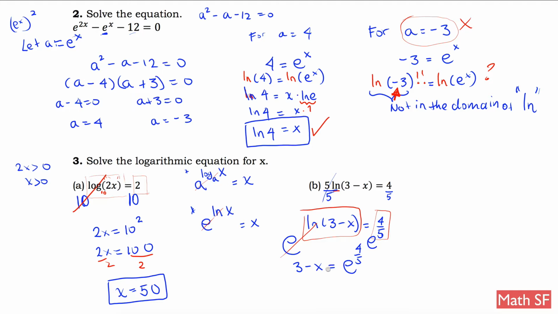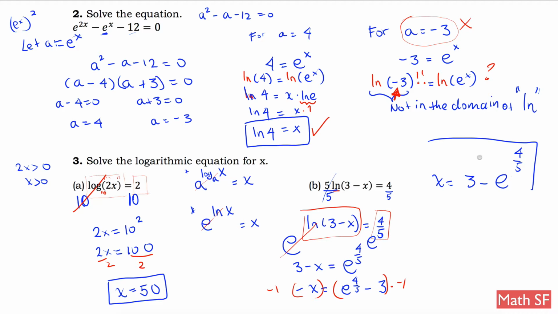Now, leaving x by itself, you subtract 3 each side and you get e to the 4/5 minus 3, but you need to leave x by itself. So either you divide by -1 or multiply times -1 each side. I'll multiply times -1, and you get x equals 3 minus e to the 4/5. That should be your answer.